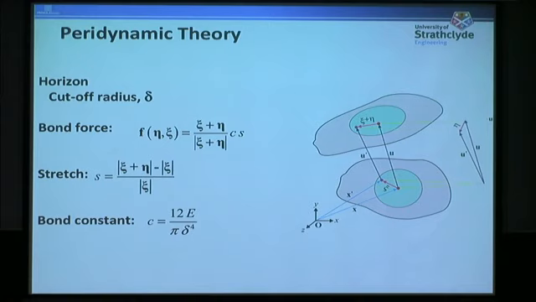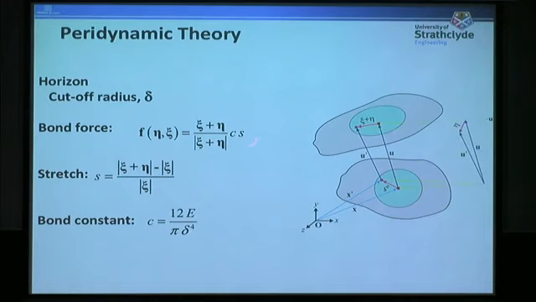So how about the bond force between 2 points? This depends on the material that you are analyzing, but for a linear elastic material, you can think of this force as a spring force. But instead of writing this force in the standard way that we are familiar with, like spring constant times the change in distance between 2 points, we represent this in terms of what we call bond constant times stretch.